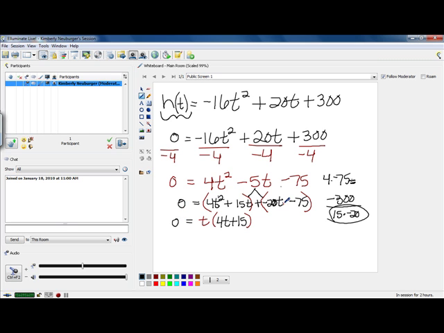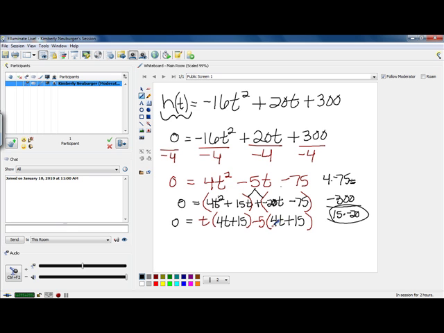On the second 2 items here, I noticed that 5 goes into both of them, and they're both negative, and in the first parentheses we had both positive. So how about if we factor out a -5? If we factor out a -5, then -5 into -20t will leave us with a +4t, which matches the +4t in the first parenthesis. And -5 into -75 will make a +15, which matches the +15 in the first parenthesis.